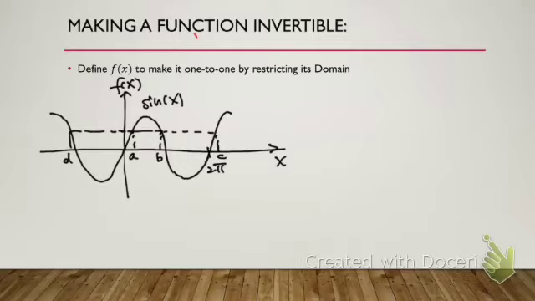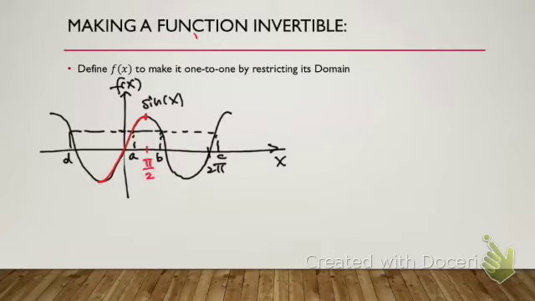Well, the answer is yes, we can, if we restrict its domain so that it's a one-to-one function within that domain interval. So let's say I'm going to restrict it to be right here. So this would be pi over 2, right?